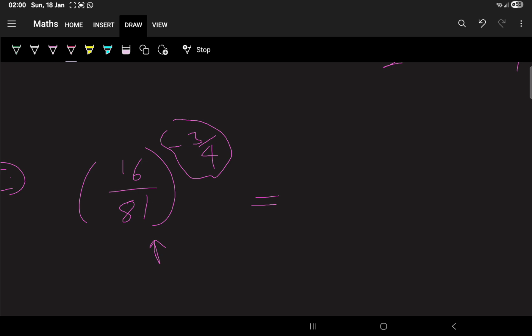So the whole of this is our base, and we have a negative index, so the inverse of our base is going to be 81 over 16, and this is going to be raised to the power of 3 over 4.